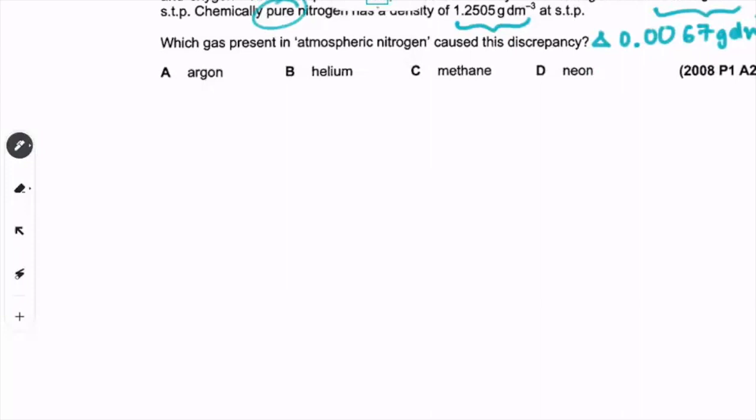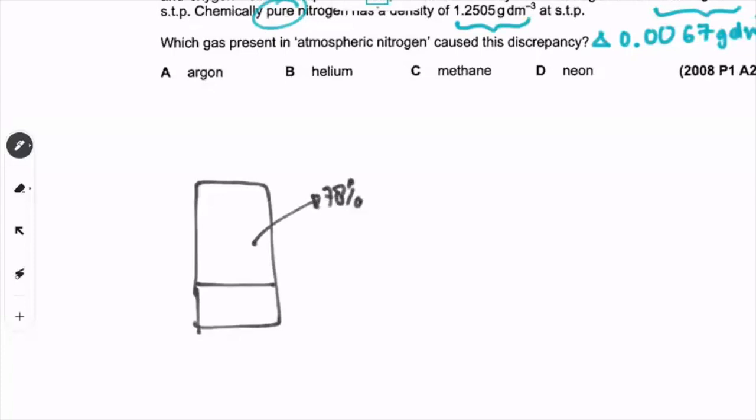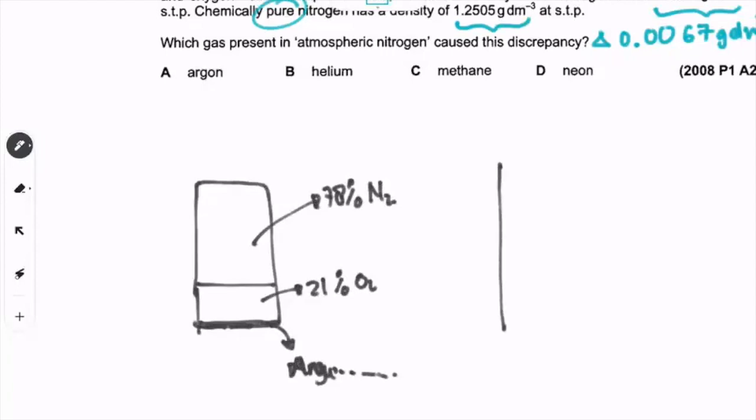This one, oxygen, air. 78% nitrogen, 21% oxygen. Then you have these small things here, argon, and then a lot of other things.